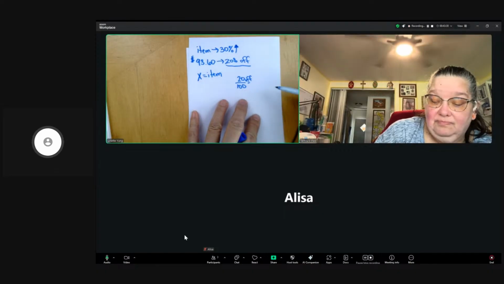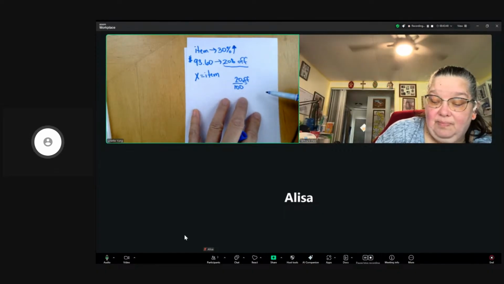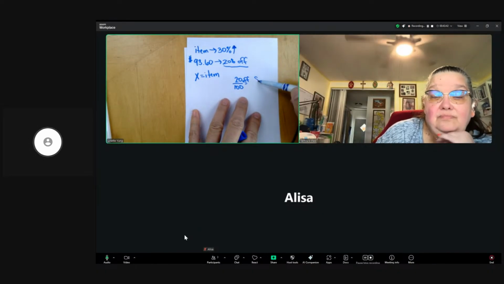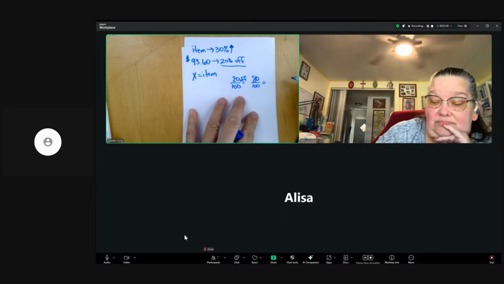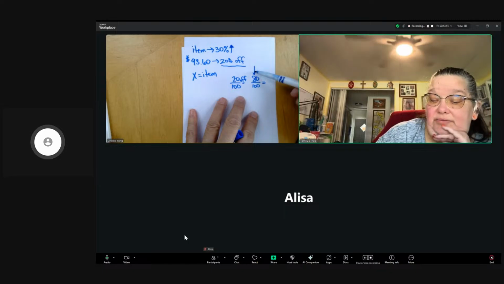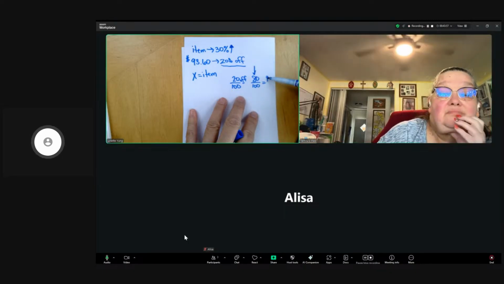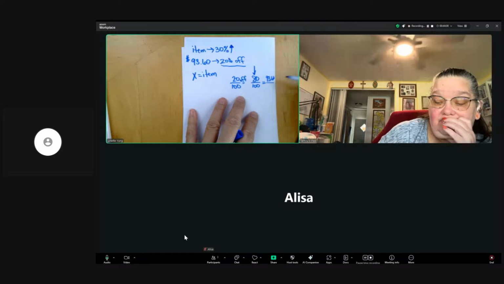So what's the opposite of off? How much did they pay? They actually paid 80%. Okay. So if they paid 80%, they actually paid $93.60. That's 80%. We need to know what was it at 100%.